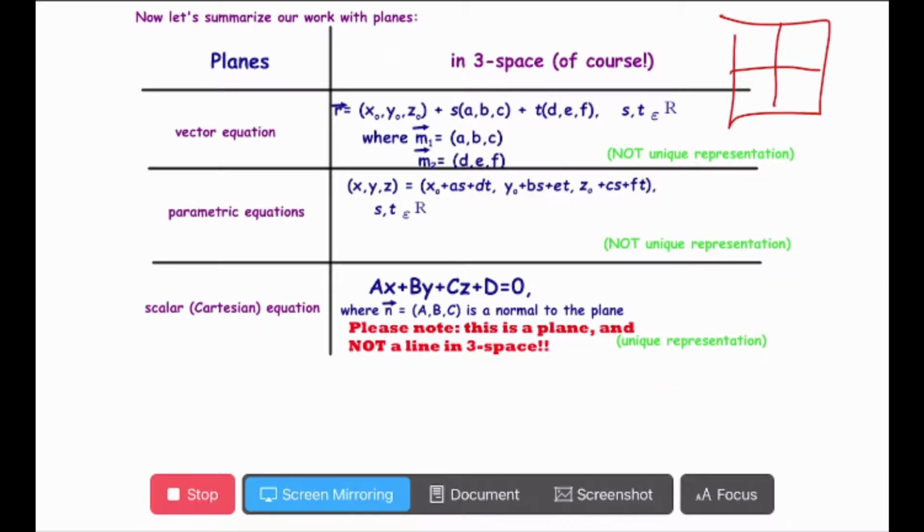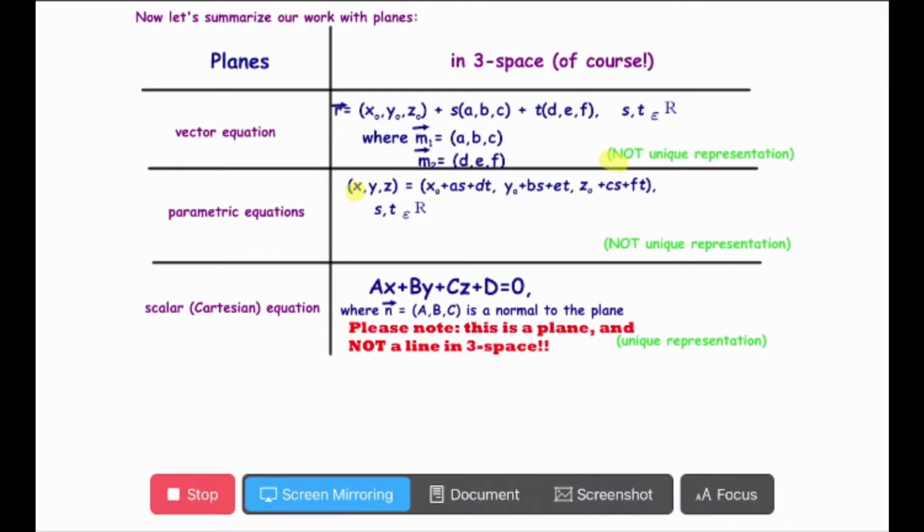We have talked about finding a vector equation. Remember, a vector equation, not the vector equation. There are different ways of representing this, where we define this in terms of our position and two direction vectors, and we define both of our parameters. Or we have our parametric equations.